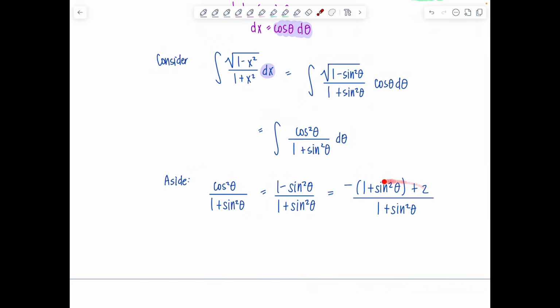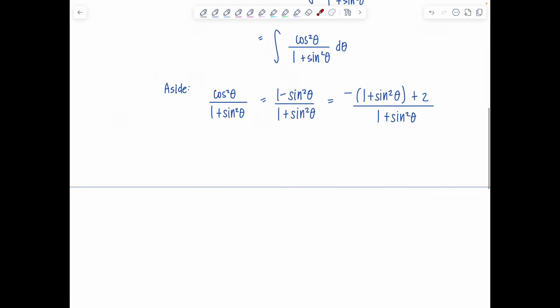So this is the same numerator. I did it that way so I could split this denominator and write it under each of these terms separately. If you're like, Professor V, I would have never seen that, I'll show you how you could do long division instead in just a second, but just let me enjoy being slick. So this one term simplifies to negative 1, and then plus 2 over 1 plus sine squared theta. Boom. So I've rewritten my integrand.